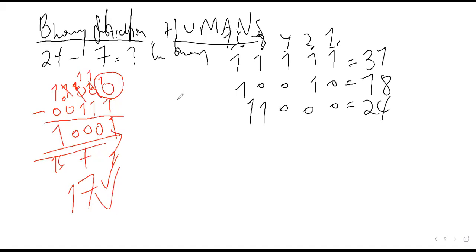Right. We now move to the way computers subtract. Subtraction is a sensitive subject in computers. Addition, simple. Multiplication, simple. Subtraction is one other thing. We will use the same example.